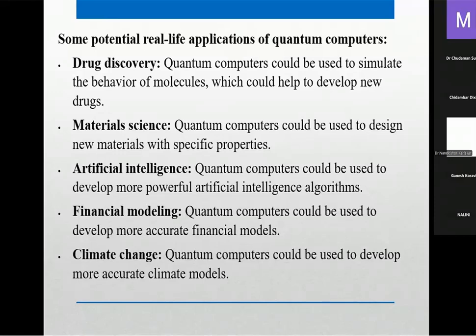We want to identify a better material which is cost effective, with higher accuracy or higher productivity. This can be simulated by using a quantum computer and can produce a better solution in this specific area. I hope you are clear with the application. Am I right?